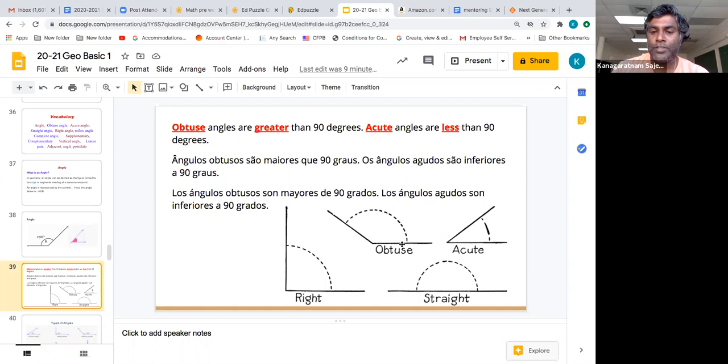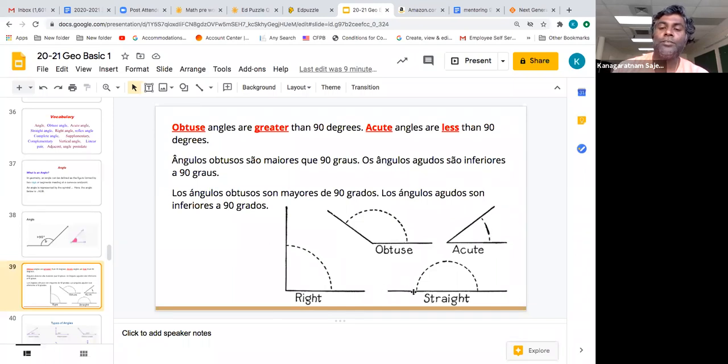If you measure this, it's the right angle plus the rest of the angle together, which is more than 90 degrees. That's called an obtuse angle. For the acute angle, you have to cover some more angle to make the 90 degrees, so this one is less than 90 degrees.